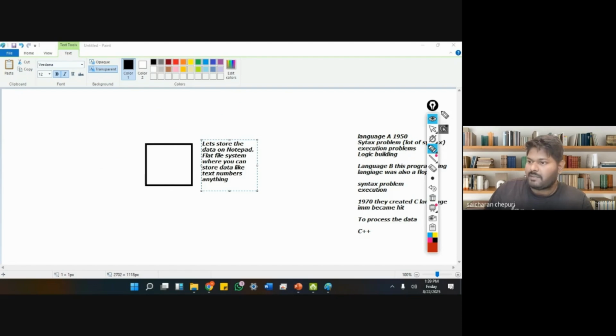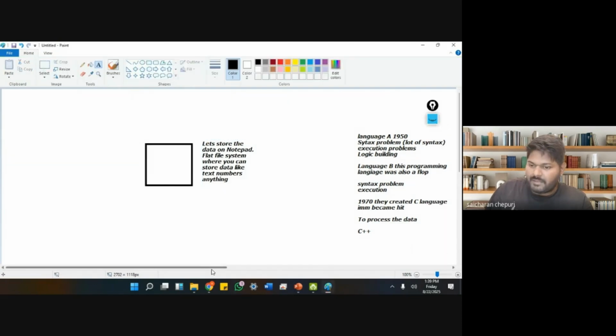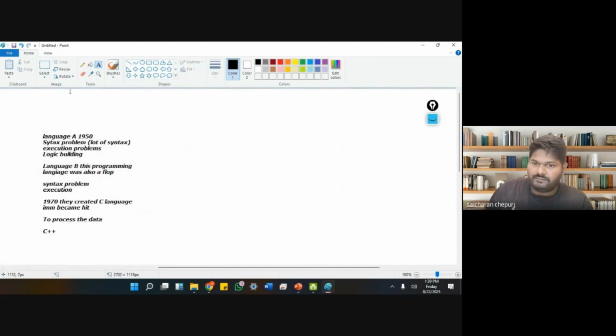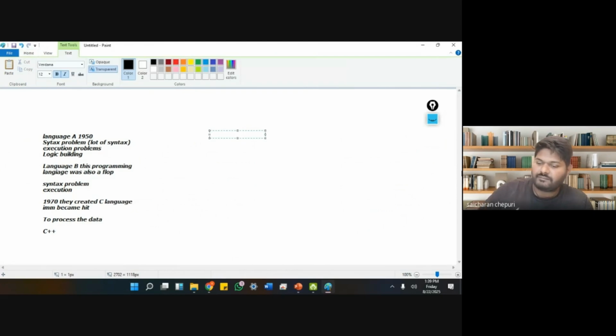Right, what is RDBMS? Let's understand RDBMS. RDBMS, Relational Database Management System. So what does it consist of?